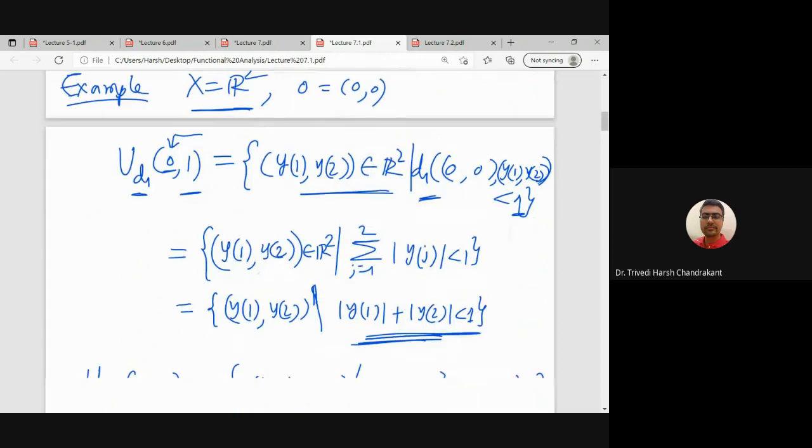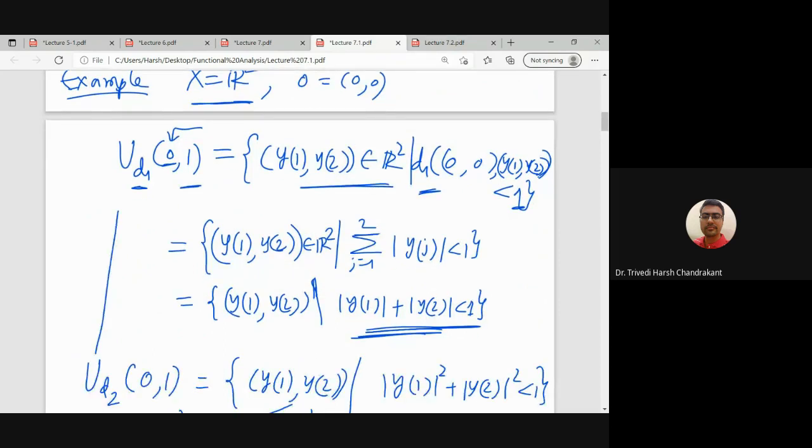So here if you find this, we have two coordinates y1, y2, and the value of y1, if you take y2 is 0, then we get modulus y1 less than 1. So that means y1 is between minus 1 and 1. Similarly, if you take y1 is 0, we get y2 to be from minus 1 to 1. Right. So we get from minus 1 to 1, 1 to minus 1, right?